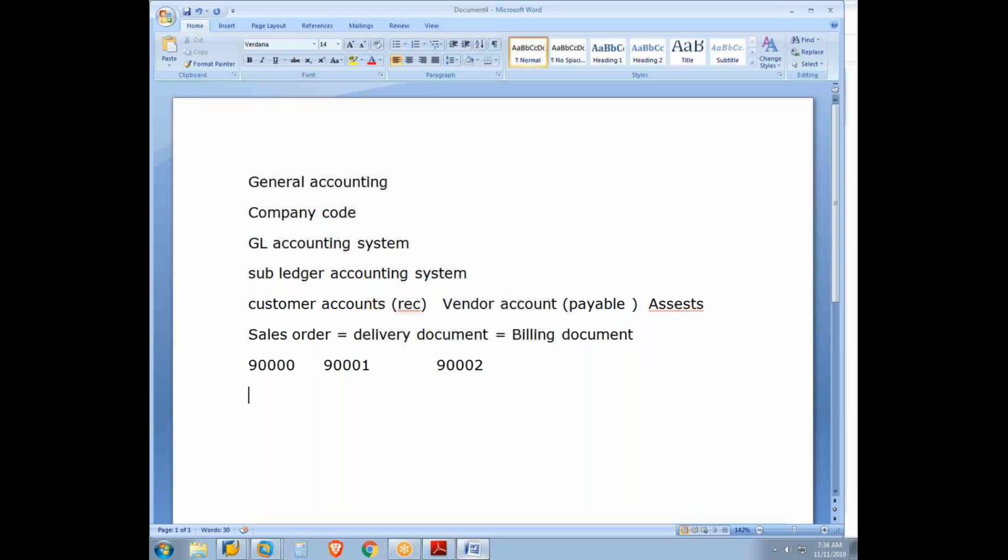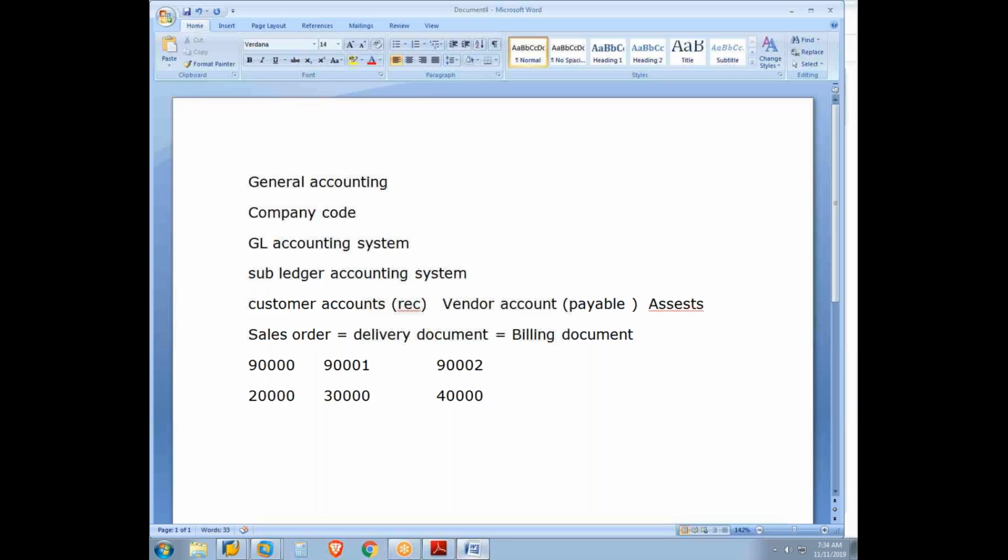We have prepared an invoice for the first customer and the amount is 20,000. The moment you prepare the invoice and save it, this amount is posted to account 90,000. Here we prepare an invoice for 30,000. It is posted to 90,001. And here you have prepared an invoice for 40,000. That is also posted to 90,002.